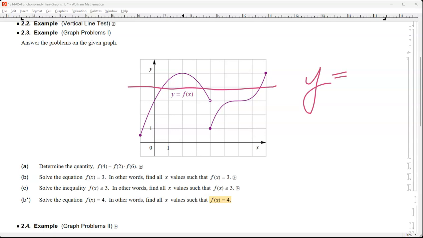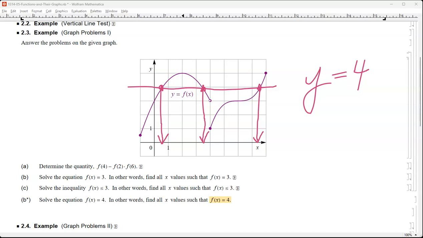And we have a crossing point here, a second crossing point here, and then a third one right here. So this x-coordinate will again be an estimation, and then this x-coordinate. Looks like that's what you'll have to do.